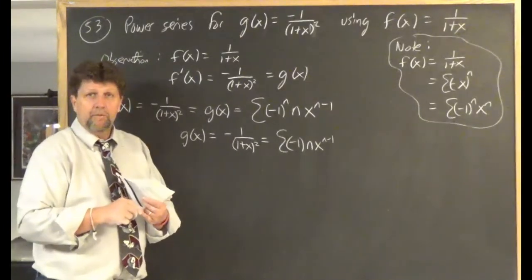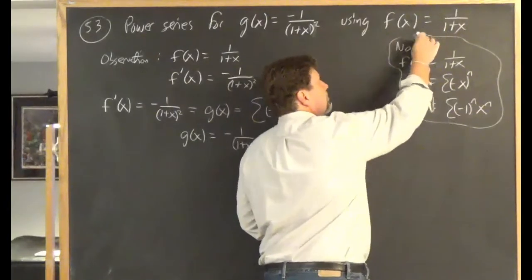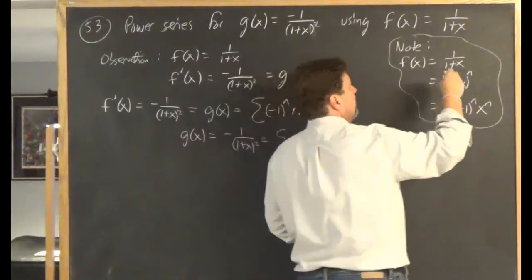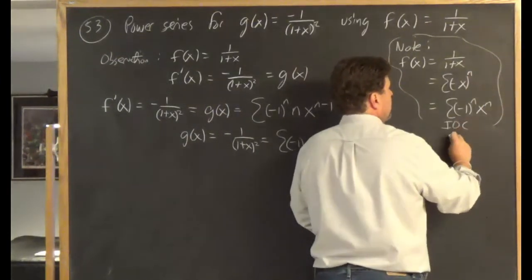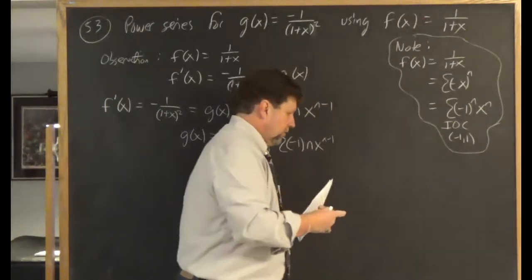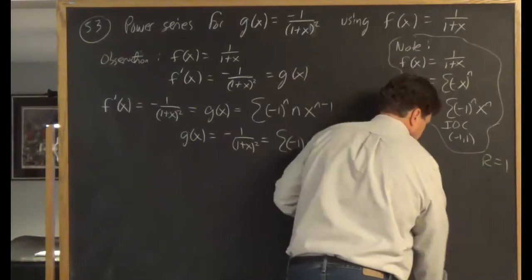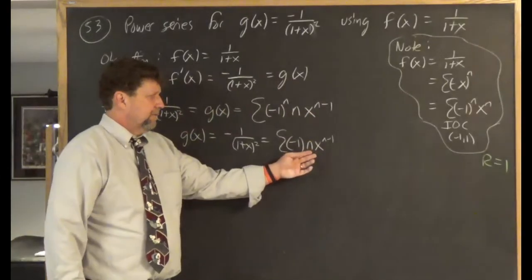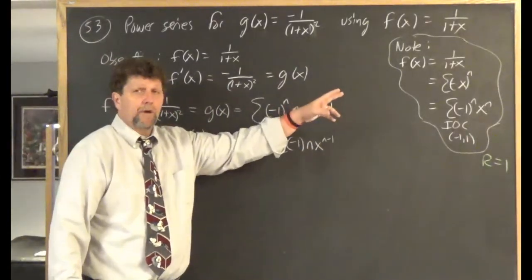So there is a little bit more to do. But remember when we did this, we determined the interval of convergence was negative 1 to 1, and that told us that our radius of convergence was 1. This power series has the same radius of convergence as 1 over 1 plus x.